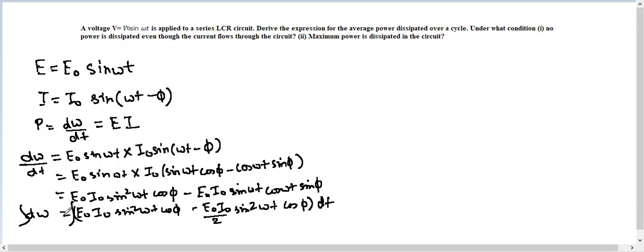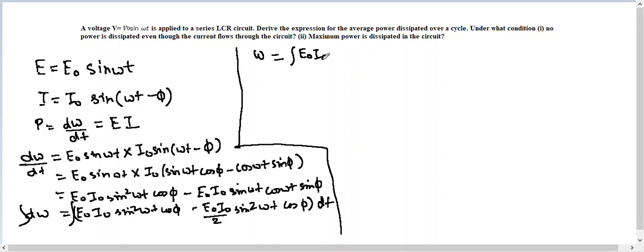So total work done over that complete cycle, let me just put in the blocks so that there would be no confusion. So total work done, W, can be written as integral of E naught I naught sine square omega t cos phi into dt minus integral of E naught I naught by 2 sine twice omega t into sine phi into dt.